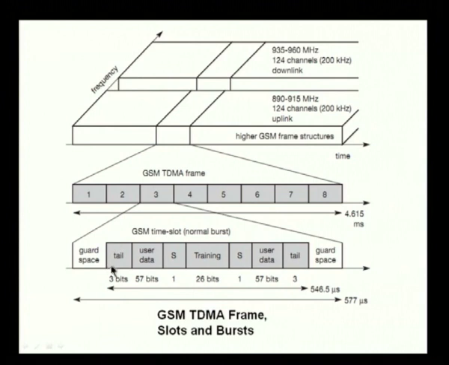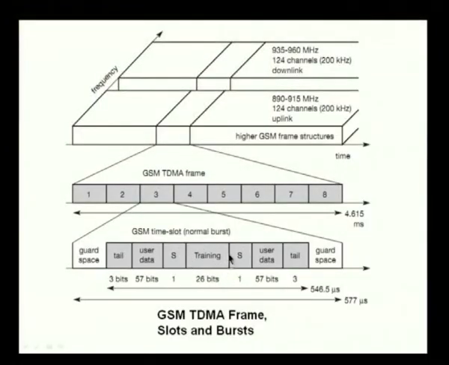Synchronization is achieved using the tail, and user data is the actual payload to be transmitted. S is 1 bit. The S bit is used to differentiate whether it is user data or network control data.